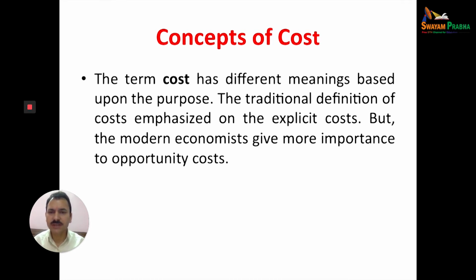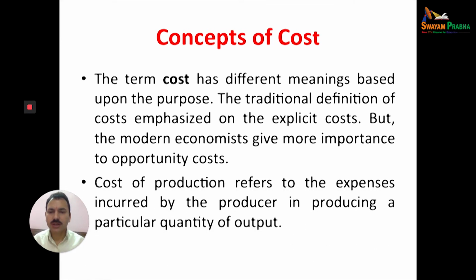The traditional definition of cost emphasizes explicit cost, but modern economists give more importance to opportunity cost. Opportunity cost means the next best alternative. An explicit cost is a payment made to outsiders. The cost of production refers to expenses incurred by the producer in producing a particular quantity of output or good.